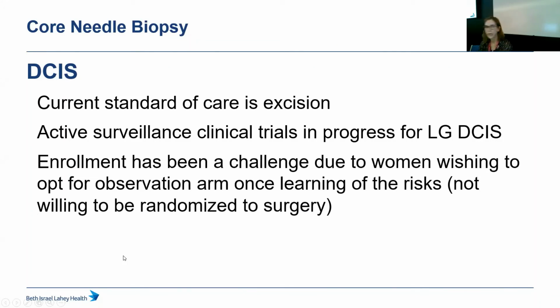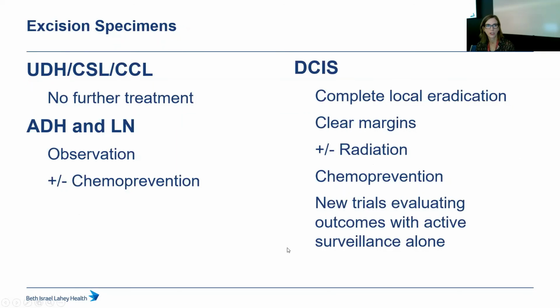Interestingly, I'm told that enrollment has been a bit of a challenge due to women wishing to opt for the observation arm once learning of the risks and not willing to be randomized to surgery. And so some of the trials have a non-randomized arm that patients who don't wish to have surgery are being followed. Obviously not truly part of the trial, but creating that pathway to observe patients.